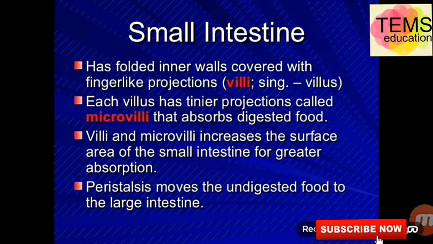The small intestine has folded inner walls covered with finger-like projections called villi, the plural form of villus. Each villus has tinier projections called microvilli that absorb digested food. Villi and microvilli increase the surface area of the small intestine for greater absorption.